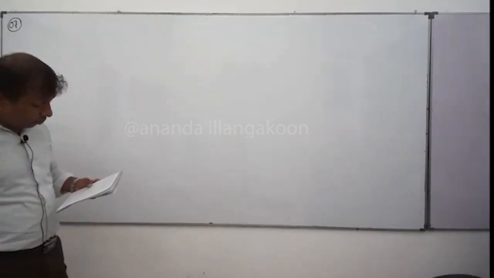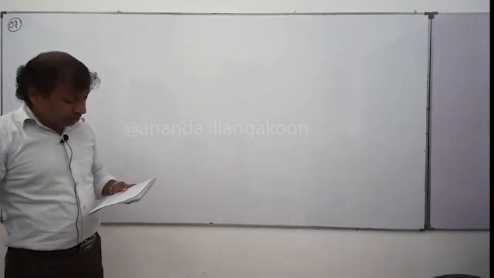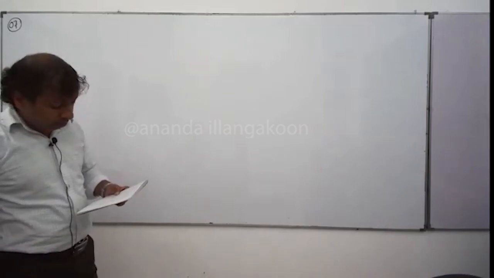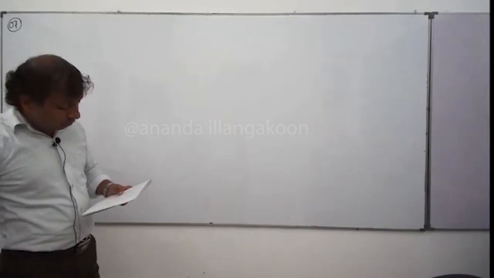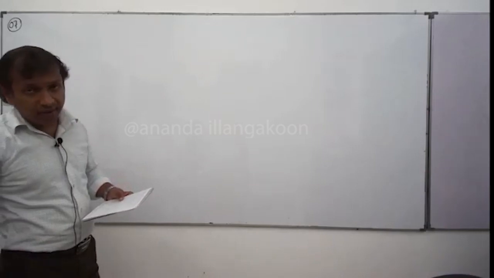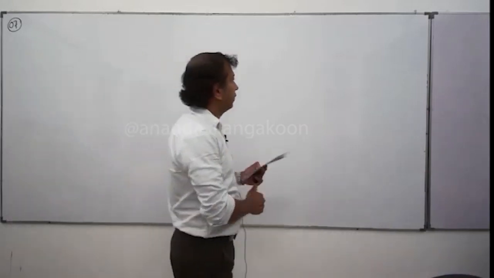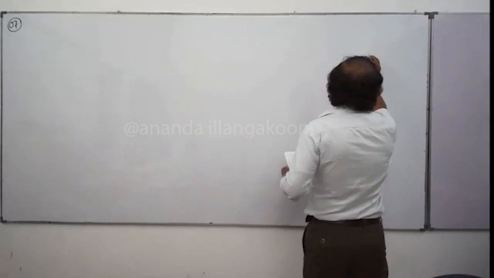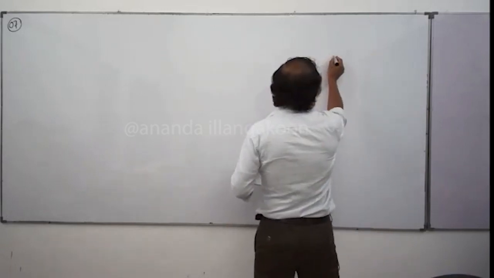A particle of mass m is projected horizontally with initial velocity u from the highest point on the smooth surface of a fixed sphere. We have a fixed sphere like this.